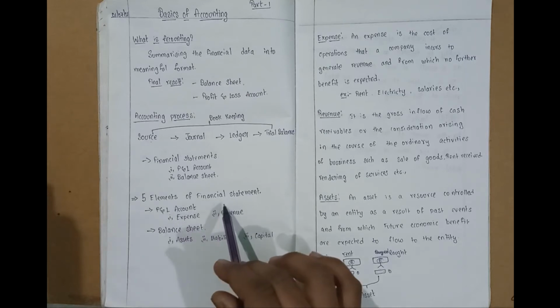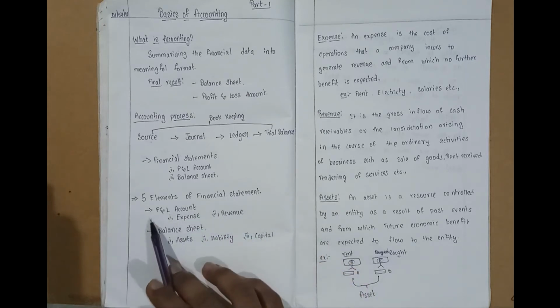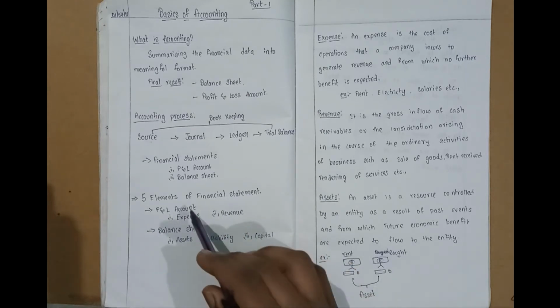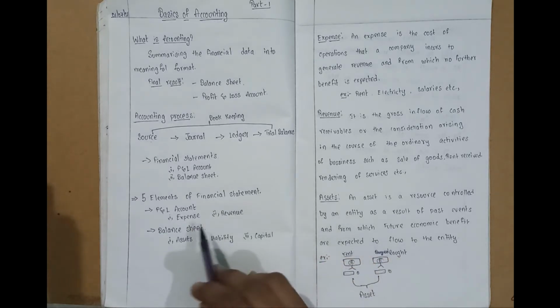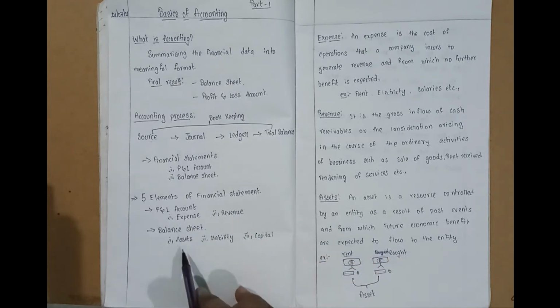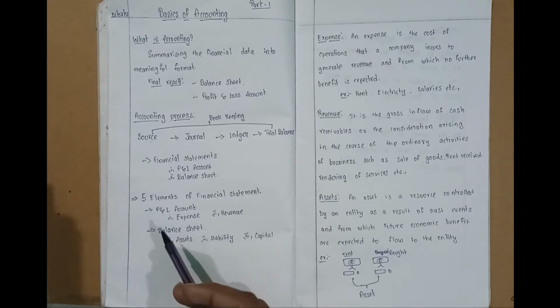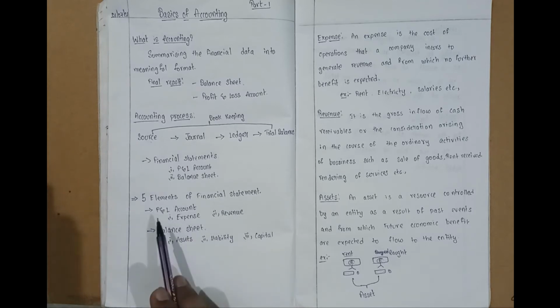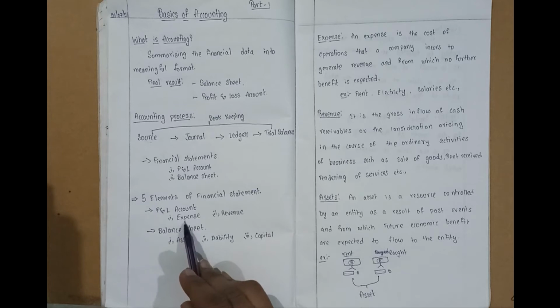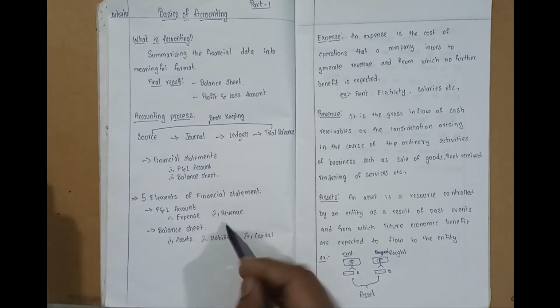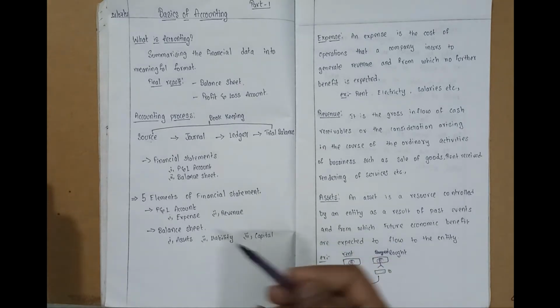5 elements of financial statements. Accounts is based on the 5 elements, that is expense, revenue, assets, liabilities and capital. First, the profit and loss account contains expense and revenue. The profit and loss account shows us how much expense the company has incurred in a year and how much revenue the company has generated.